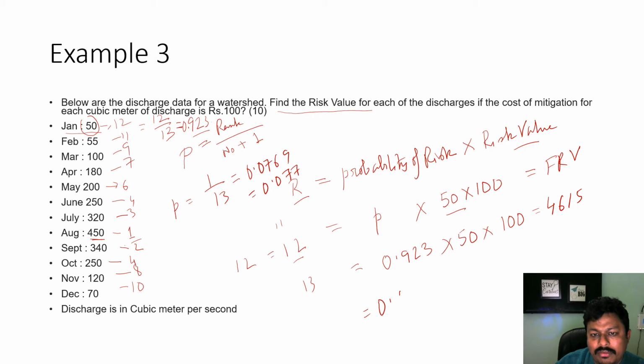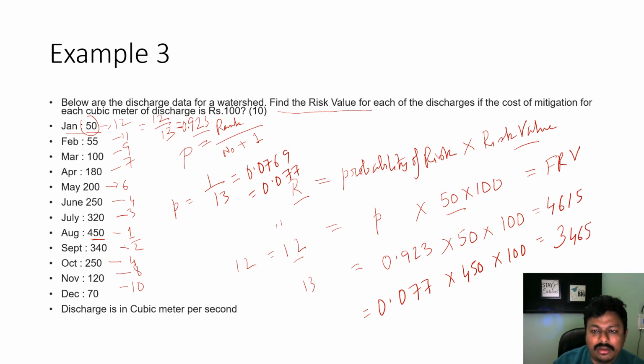Now you multiply 0.077 by this, which is 450, then into 100. So it is coming to 3465.